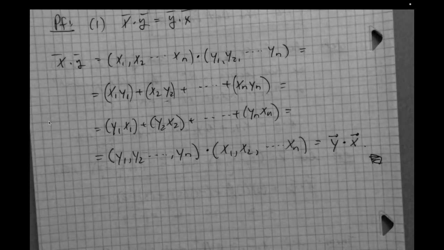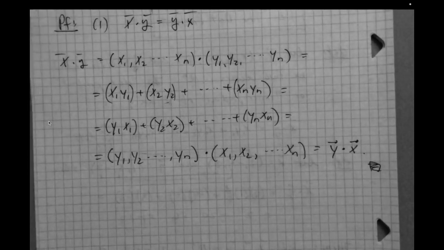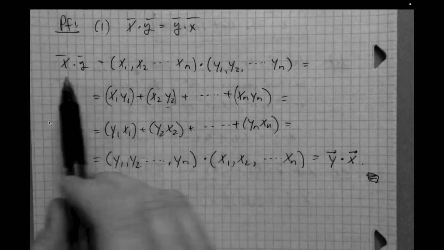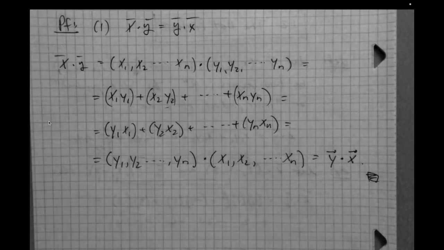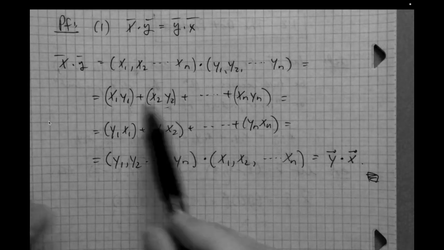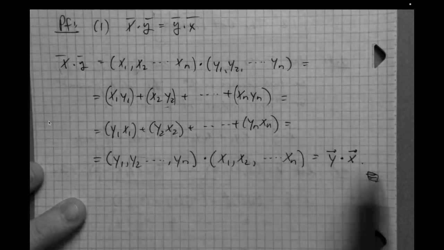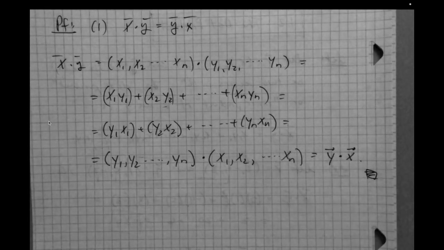Now most of the others are very much like this. A lot of times when you're proving things in linear algebra, and I think I might have said this last time, it's a good idea to take the vector, break it apart into its component version, do the operation, expand it, rearrange when you can, and frequently just reverse the operation.